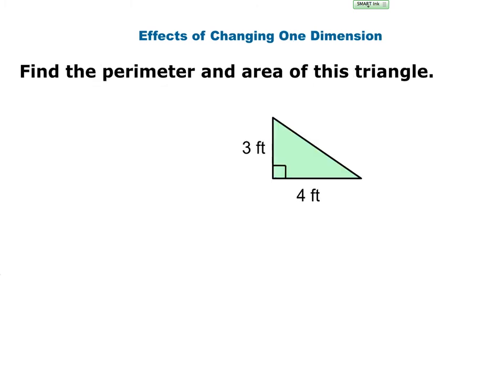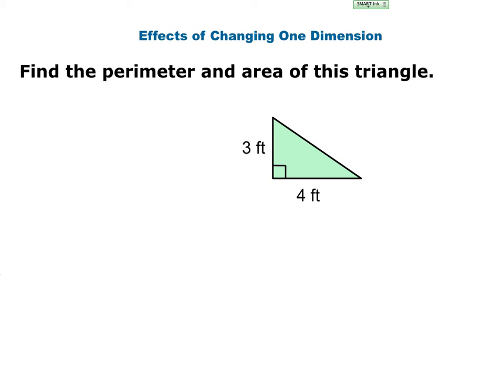Okay, let's start with a triangle now. Then we'll need the starting perimeter and area. Find the missing side, don't you, for the perimeter?